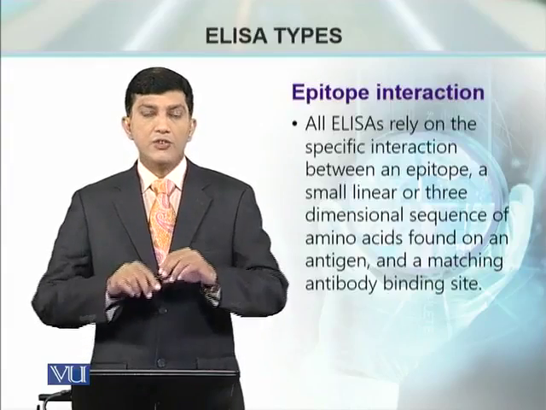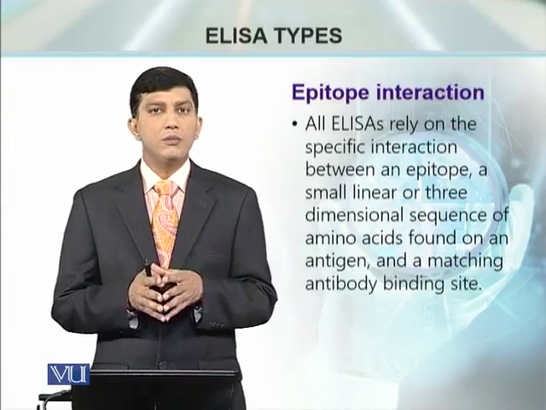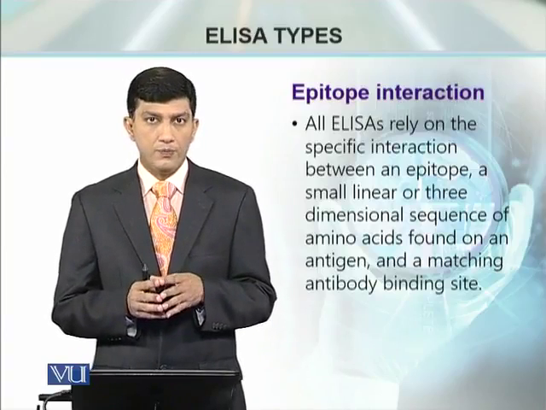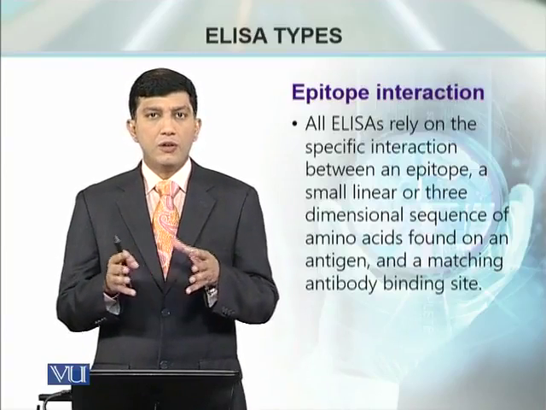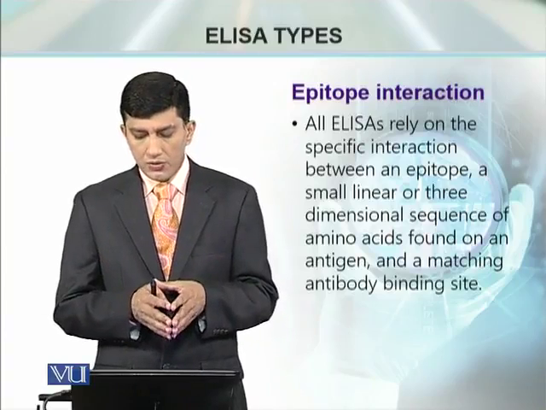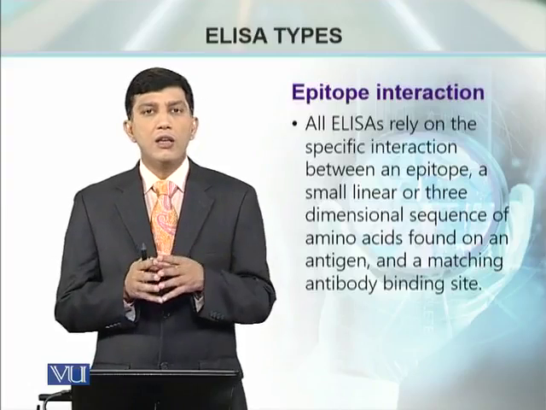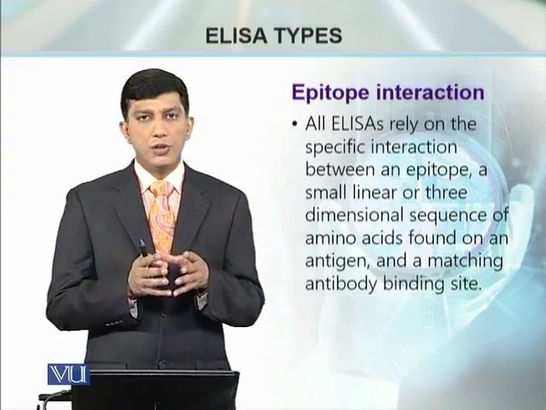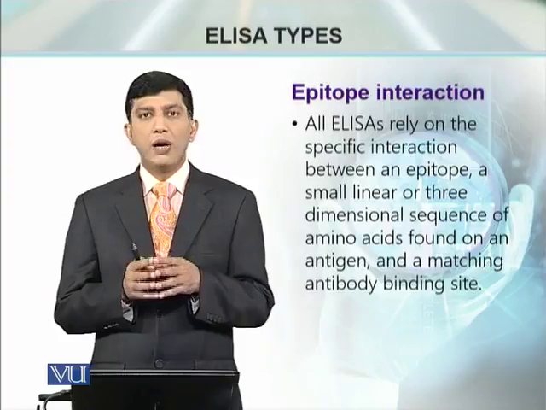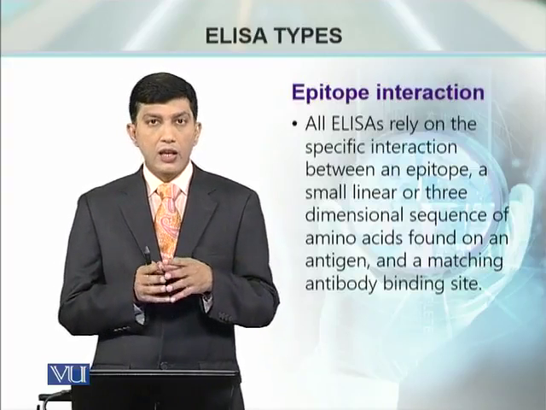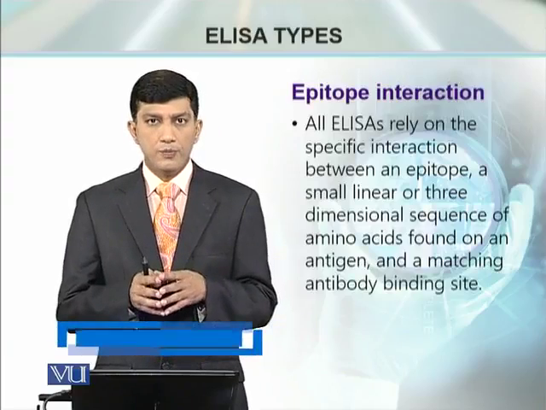Let's talk about the types of ELISA. ELISA is basically based on a principle of epitope interaction. Epitope is a segment or sequence of amino acids in a linear or three-dimensional protein that binds with the antibody or antibody binding site.